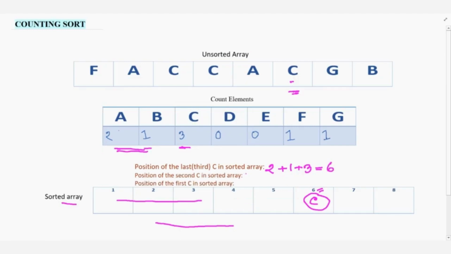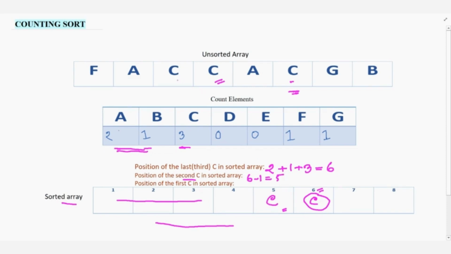After we place the third C, what will be the position of the second C? The second C will be placed at position 5. So how do we find position 5? We just decrease the position where we placed the third C by 1. So we get 5.